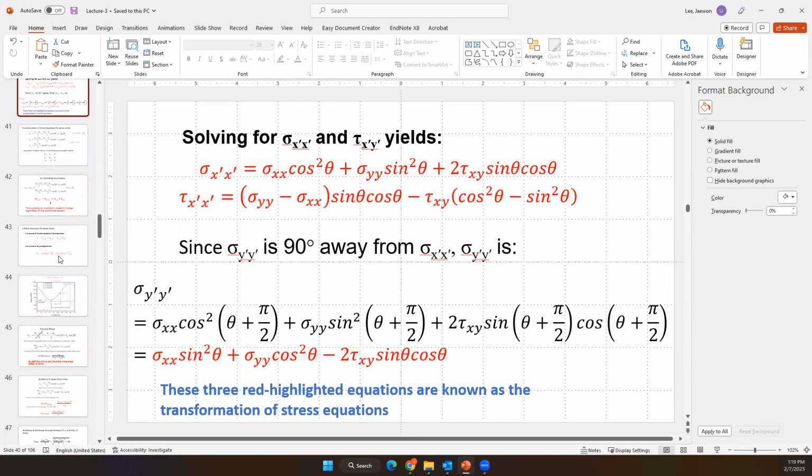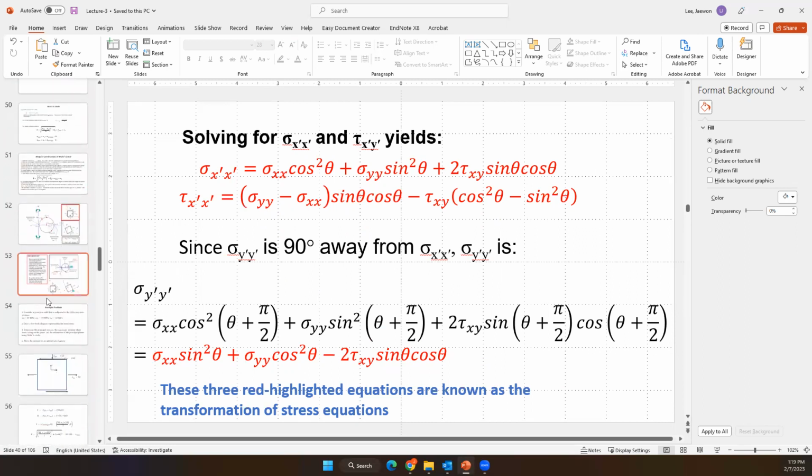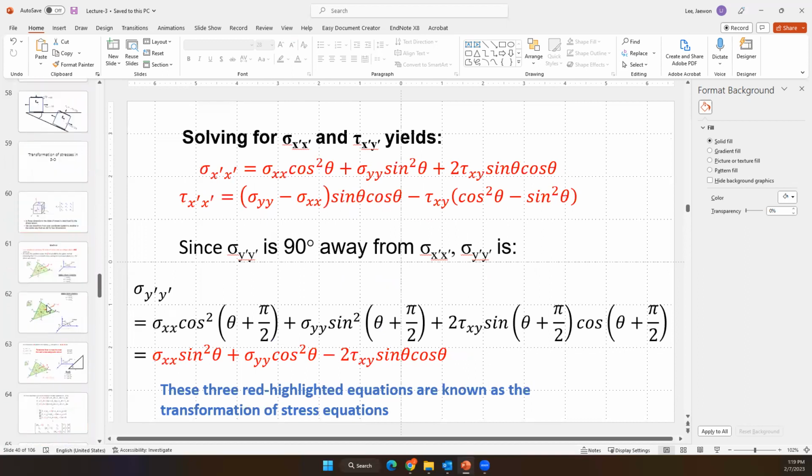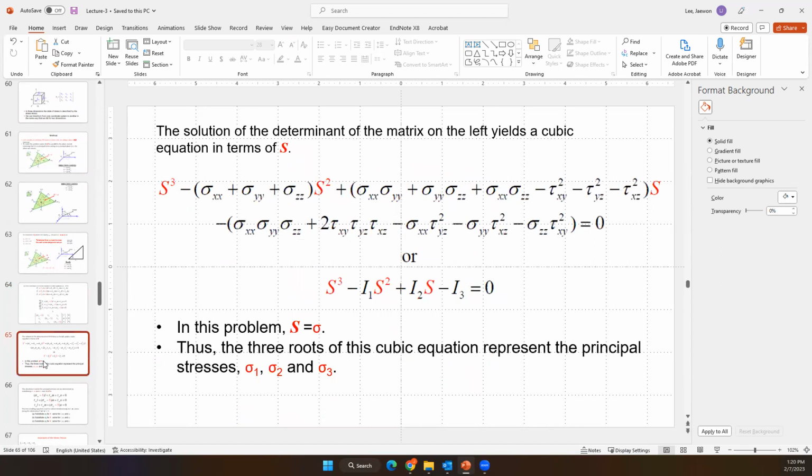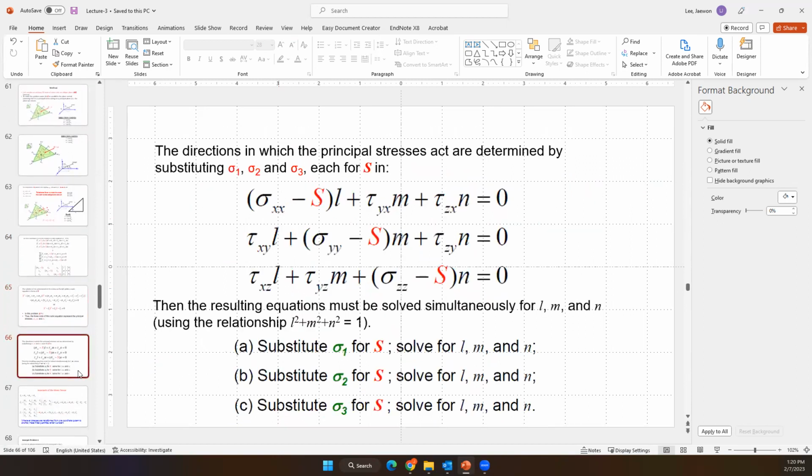Actually, where is this one? This equation.